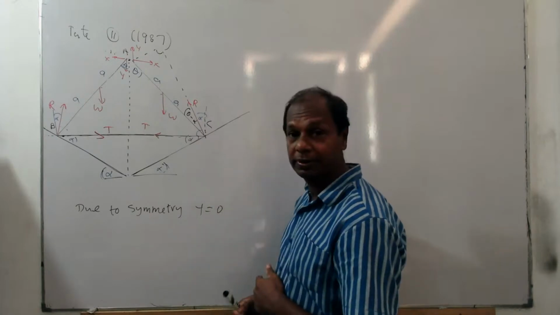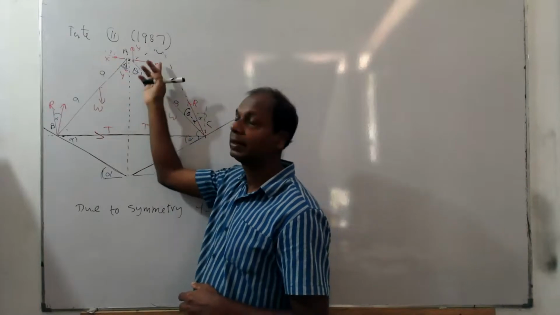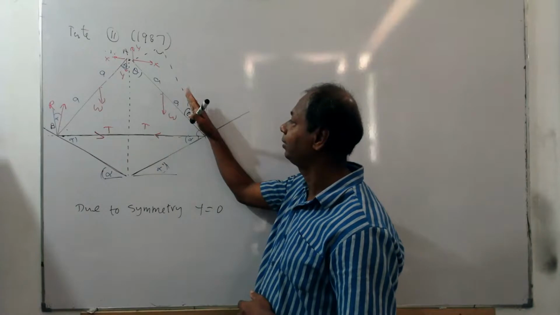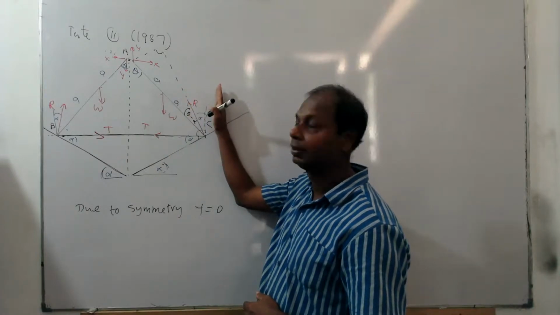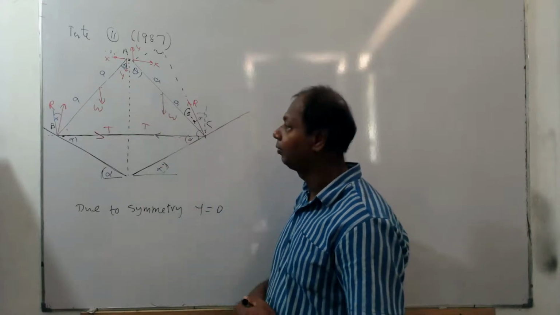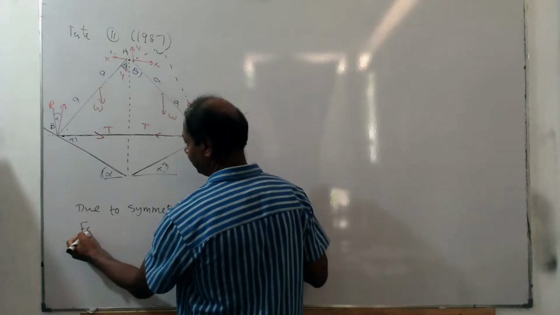To find R, the best thing is to consider the system. Then T will get cancelled. We can just resolve vertically. For the system resolving vertically, you get R and W only. You can find R directly.